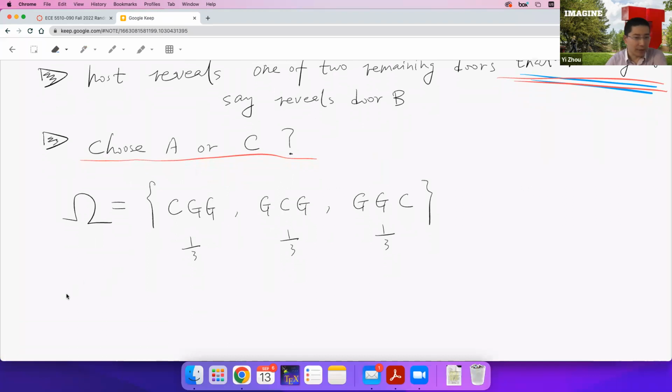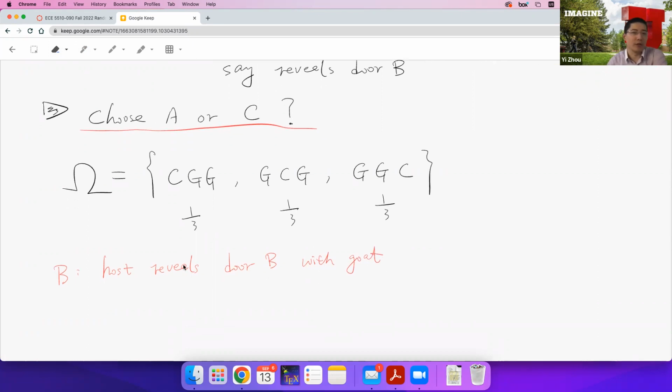So let's define event B as host reveals door B with the goat. This is the event that we are going to condition on.